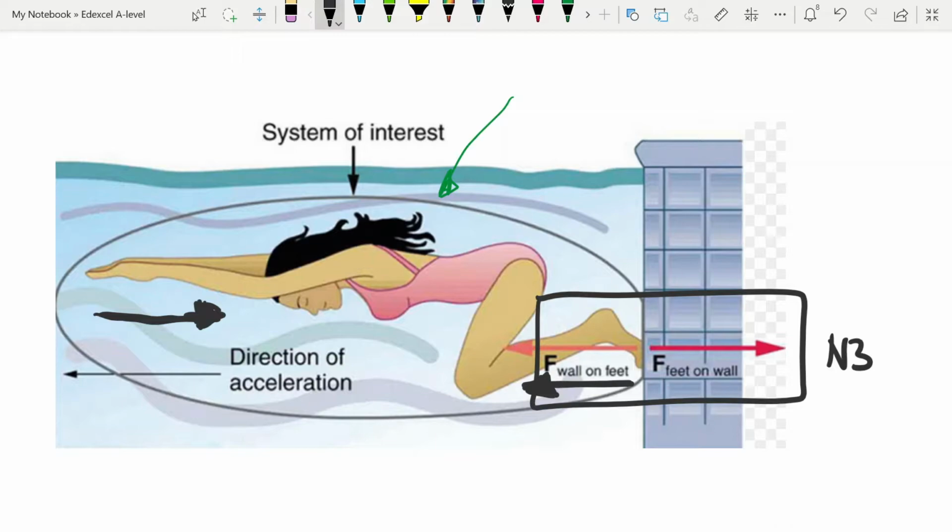If the push on the wall from the wall on her feet is less than the drag, nothing is going to happen. But the idea, of course, in pushing yourself off a wall here is to make the force from the wall on your feet greater than any opposing forces. And if it's greater, we will have a resultant force, and that is the key to everything.